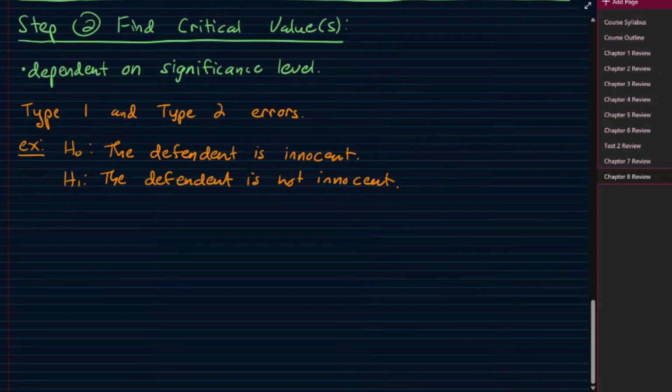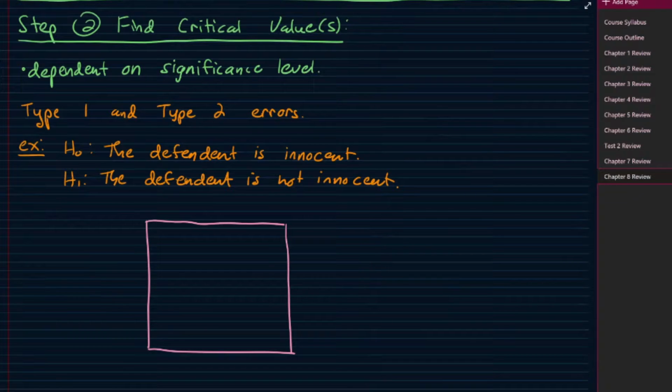It really helps to visualize in a box. So there's 4 possibilities. Let's assume this column means that H sub 0 is true, and this column is H sub 0 is false. And here we'll talk about whether we reject or fail to reject.